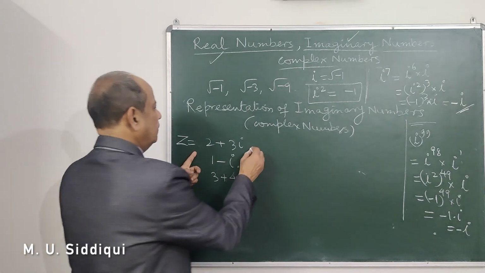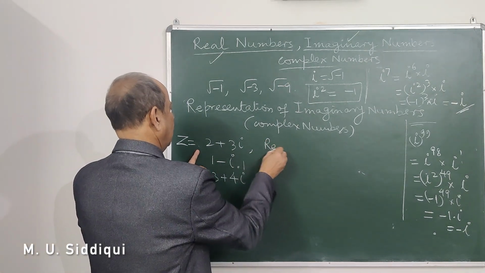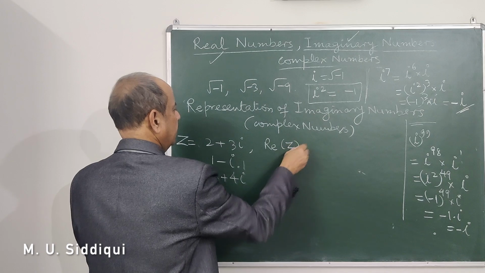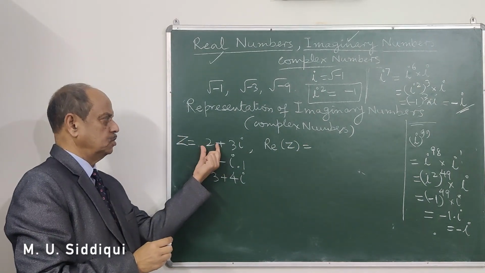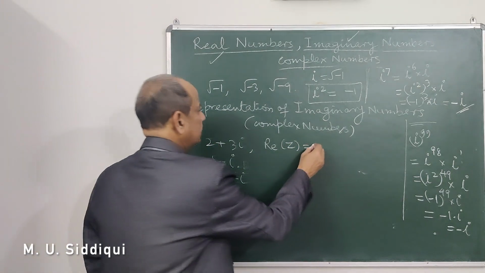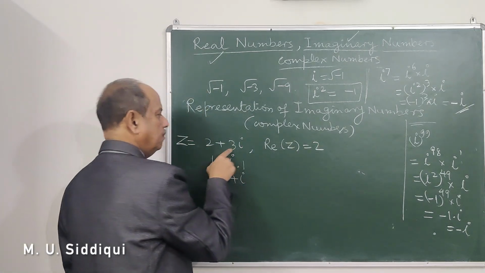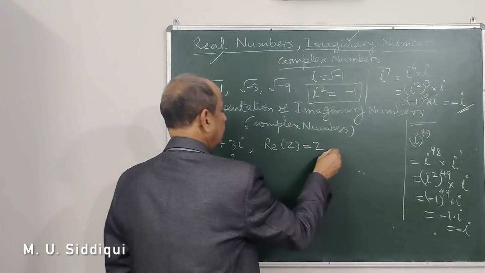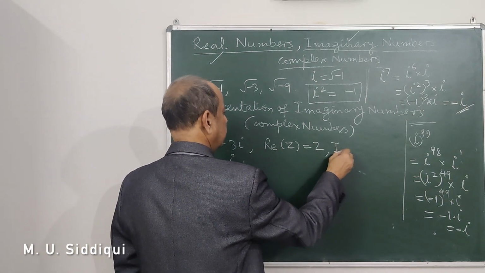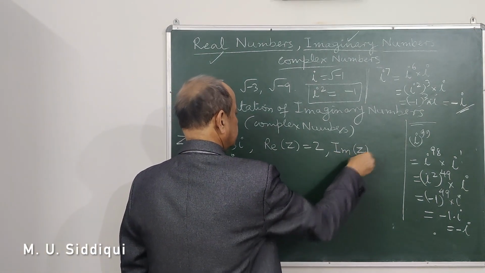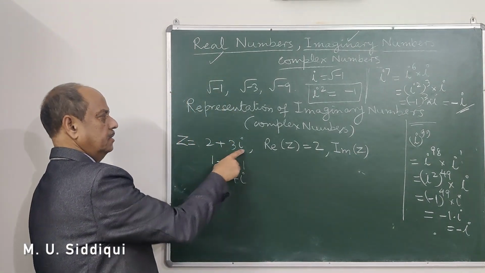So then we write real part of z, Re z, is equal to 2. The real part of z is 2, and the imaginary part is 3i, but here it is customary to write Im z is 3.